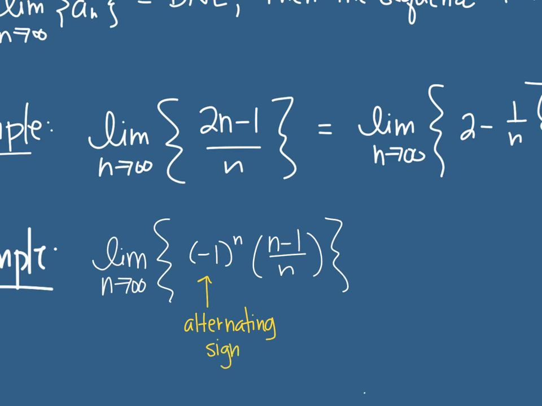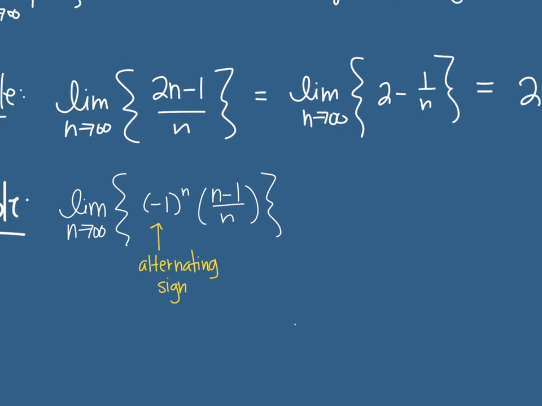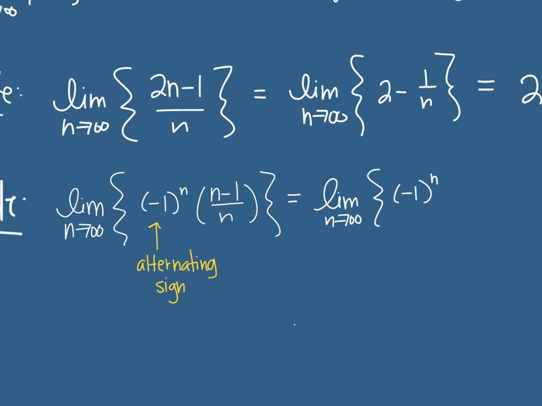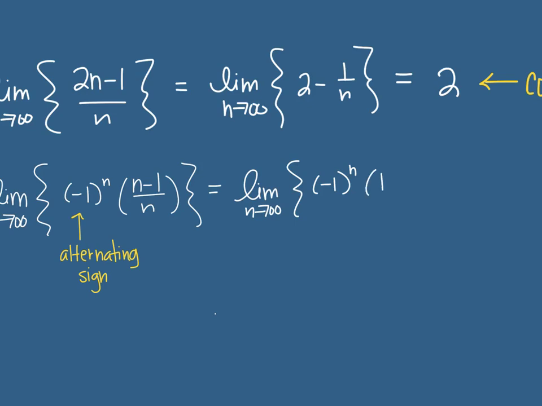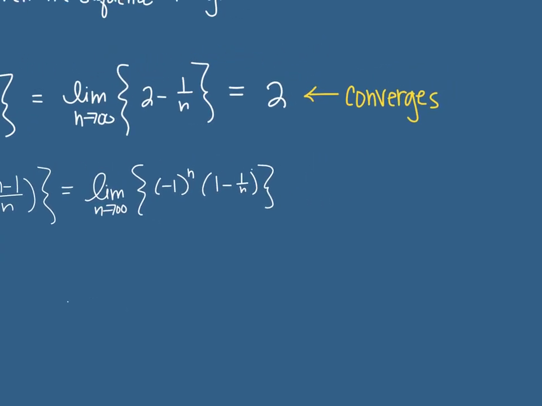So we have an alternating sign, and then what happens to the rest of it? The limit as n approaches infinity, if we divide that by the highest power of n, we end up with 1 minus 1 over n. So what will happen to this portion of it?